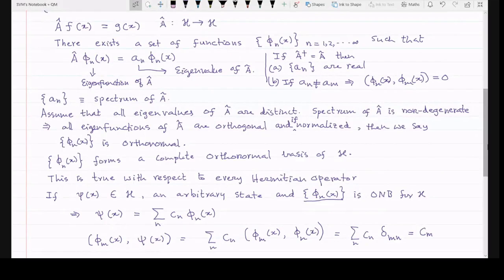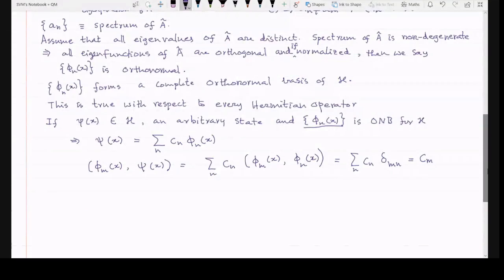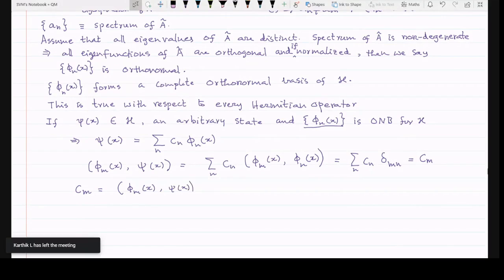So Cm is simply the inner product of phi m of x and psi of x. This is nothing very new.